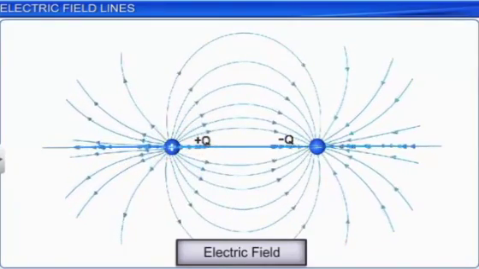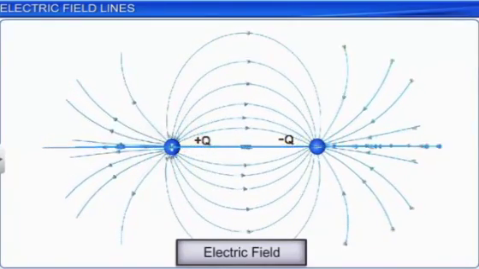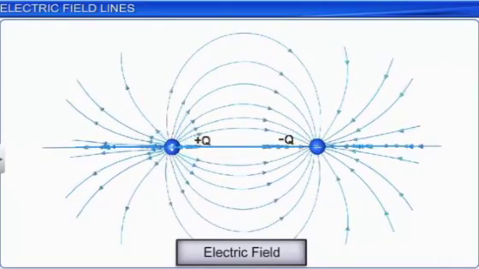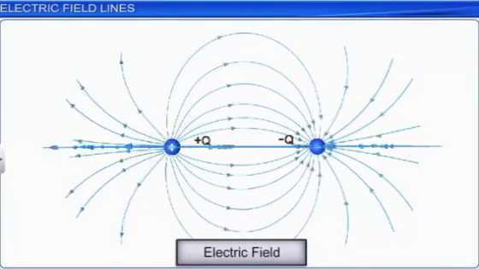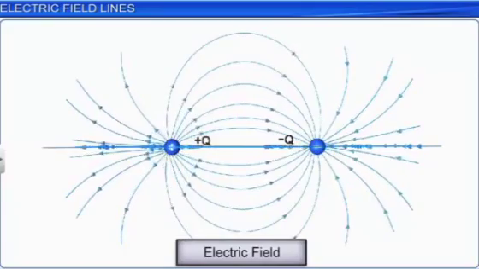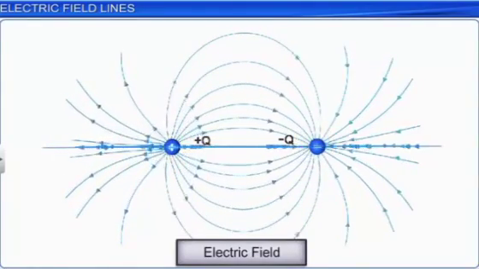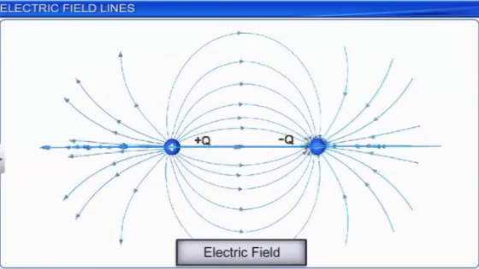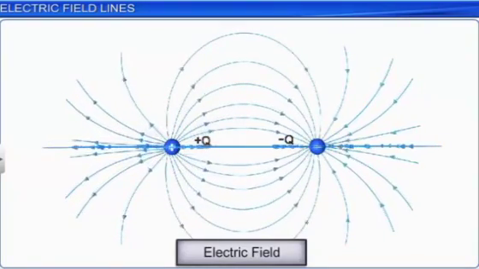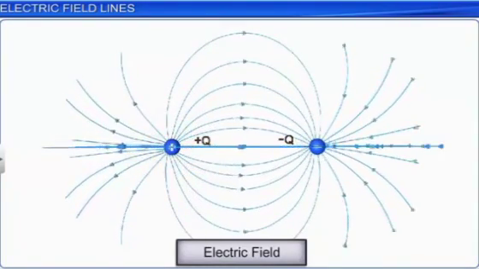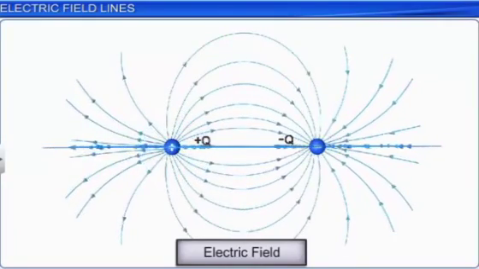Thus, we see that the field lines convey a very clear picture of the nature of the electrostatic forces existing in any system of charges. From these examples of various charge configurations, we observe the following properties of electric field lines.